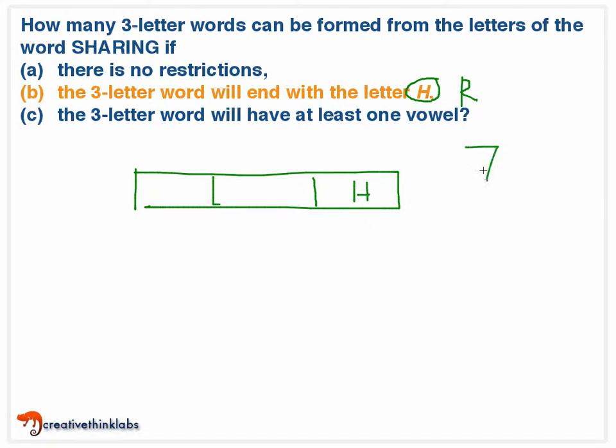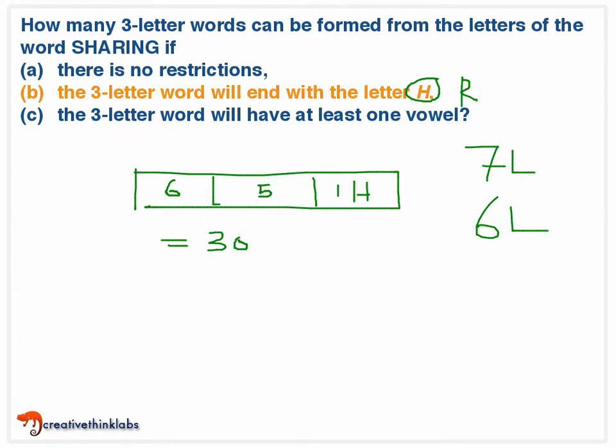I had 7 letters, now I'm only left with 6 letters. So there are 6 ways to put a letter here, and then 5 ways to put a letter here, and there's only one fixed way, which is H. So this will give me an answer of 30. So that's pretty straightforward again.